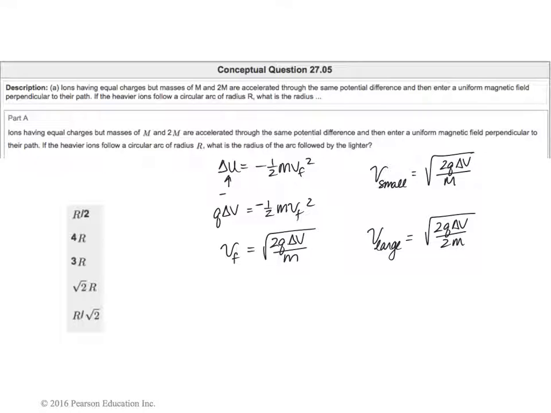If I want to compare them, I could say the velocity of the large particle is 1 over the square root of 2 times the velocity of the small particle. And that's because of this 2 right here. And so that's something that I want to keep in mind as well.